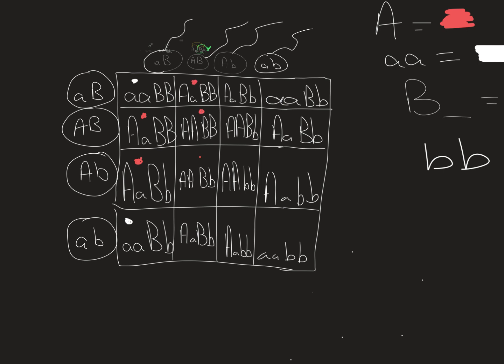Red. All right. We're all good with that? How do we know it's red? If you're confused how you know it's red, you need to let me know. All right. Then the rest are white, correct? This is only two options.